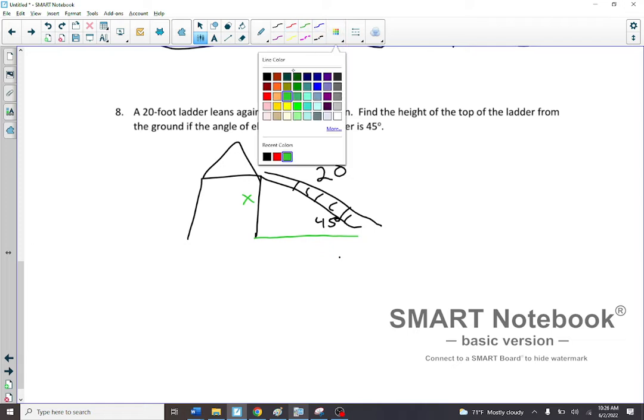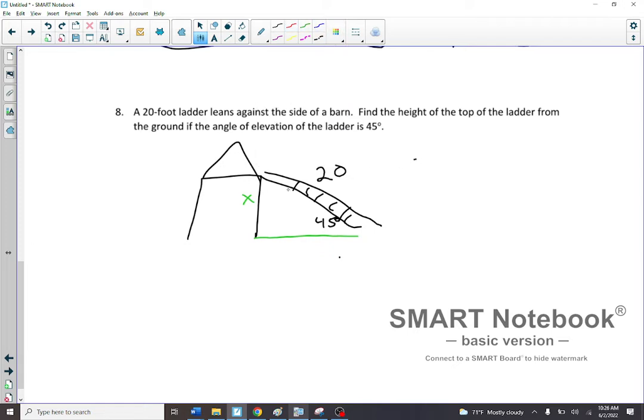So in this case, we have the opposite, we have the hypotenuse, and we have 45 degrees. So you could technically do sine of 45 degrees equals opposite over hypotenuse, so x over 20. Then do inverse, and then do times 20 on both sides. But this is a special right triangle. Because it's a special right triangle, I should know that this is A, and this is A root 2.